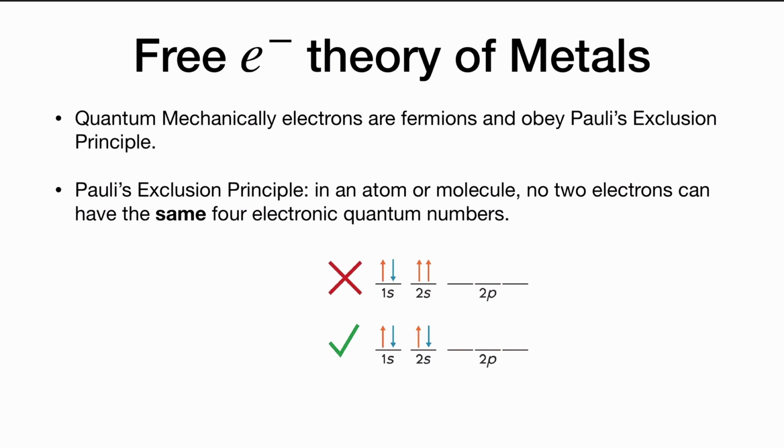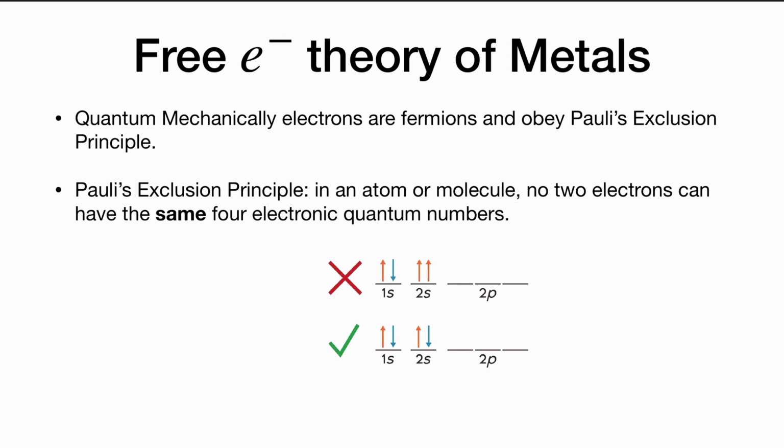Pauli's exclusion principle states that no two electrons of an atom or of a sample of some material can have the exact same quantum state. They have to differ in one way or another. If they're on the same energy level, they have to differ in the other quantum numbers.